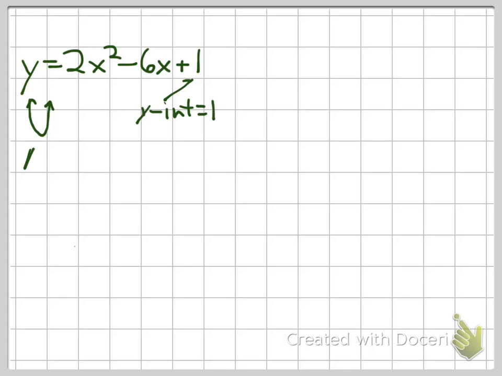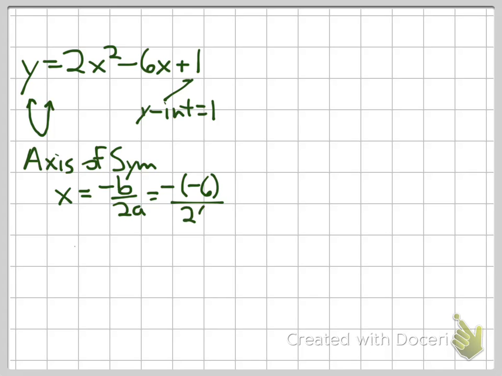So let's find the axis of symmetry. We're going to do x equals negative b over 2a. That's a negative of negative 6 over 2 times 2. Positive 6 over 4, which is 3 over 2.